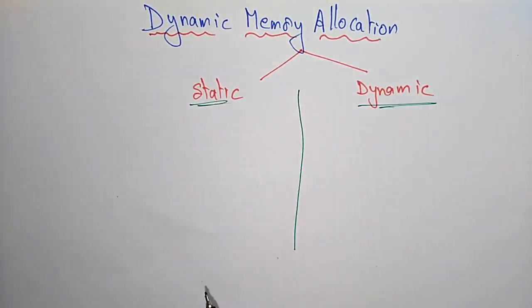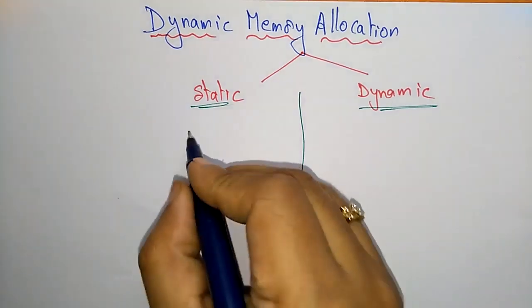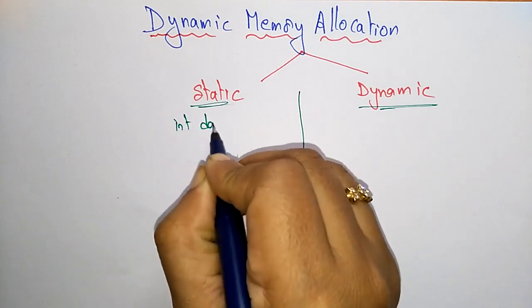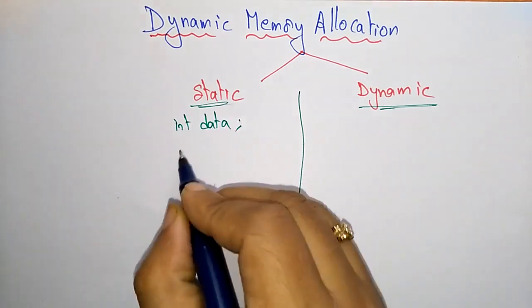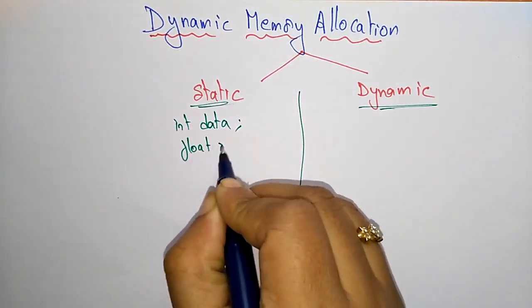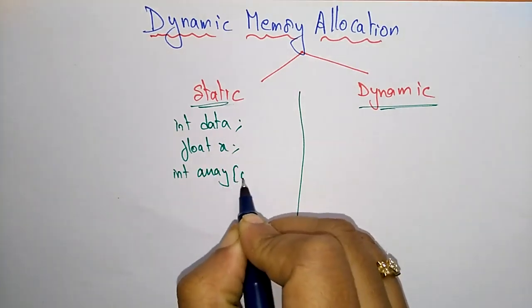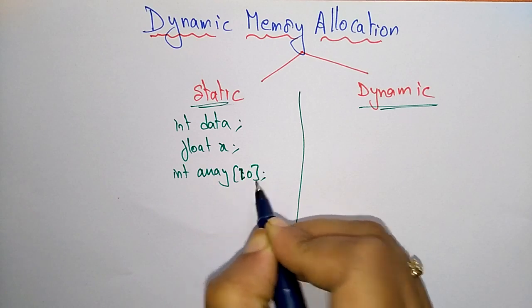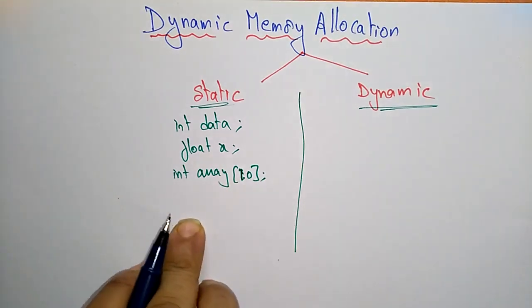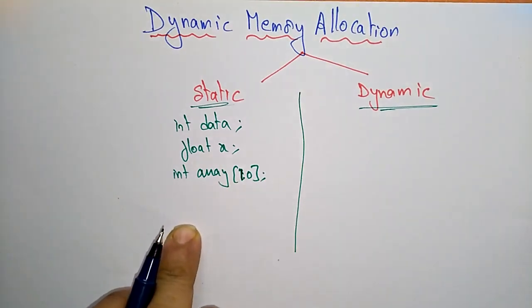Static means, suppose when we write int data, float x, int array of 10. Here we are saying that we already know we will be using these variables in the program.